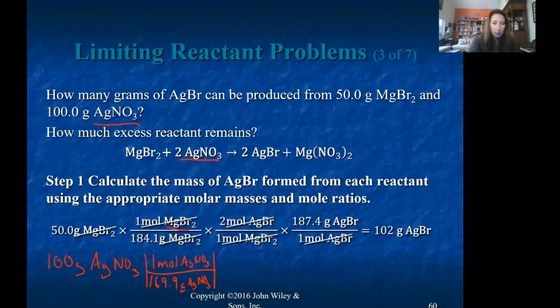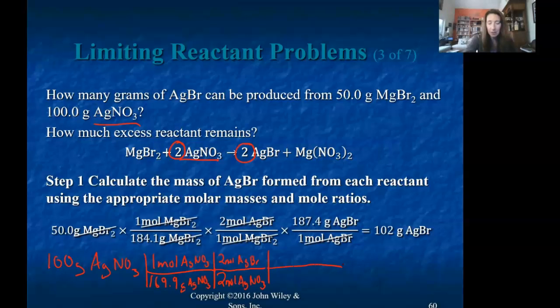So I'm converting to moles here so I can get to this mole-mole ratio. And again, this mole-mole ratio in this case, it's 2 to 2. So 2 moles of AgNO3 to 2 moles of AgBr.